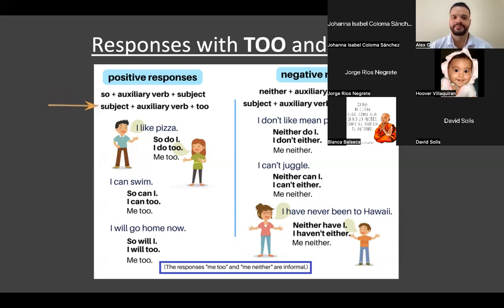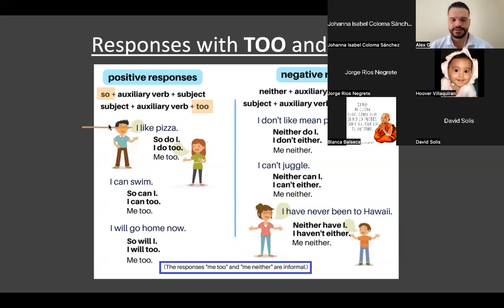Or subject plus auxiliary verb plus too. Excellent. Both options are correct. You can answer using so, or you can answer using too. For example, here we have an example.